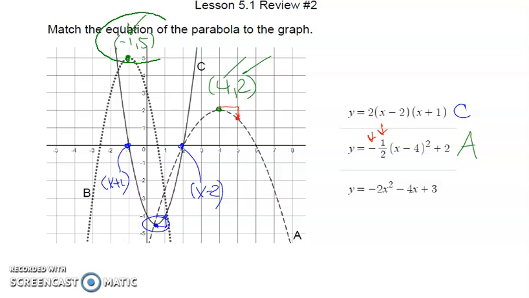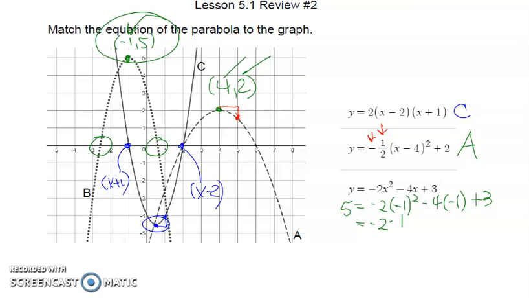Back to equation B. Sometimes if you don't have enough information, if we do have a vertex, but we don't necessarily know where the graph crosses the x-axis, we can take the vertex and stick it into the equation and see if it actually works. Kind of a checkpoint. So wherever x shows up, I'm going to replace it with a -1, and then it's supposed to equal 5. So -1 squared is 1.